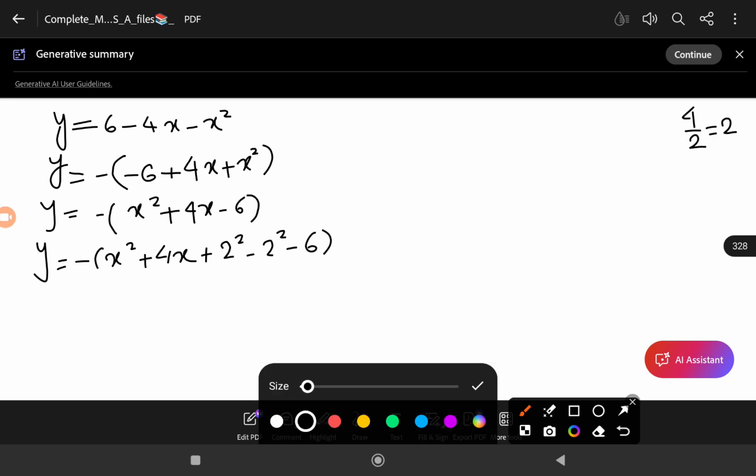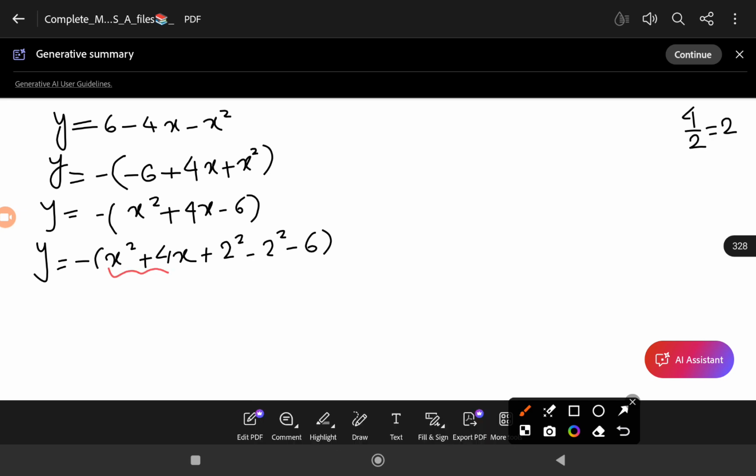Y equals, so you can see that these three terms look like a squared plus 2ab plus b squared, and a is x here and b is 2 here, so x squared plus 2 times x times 2 plus 2 squared.